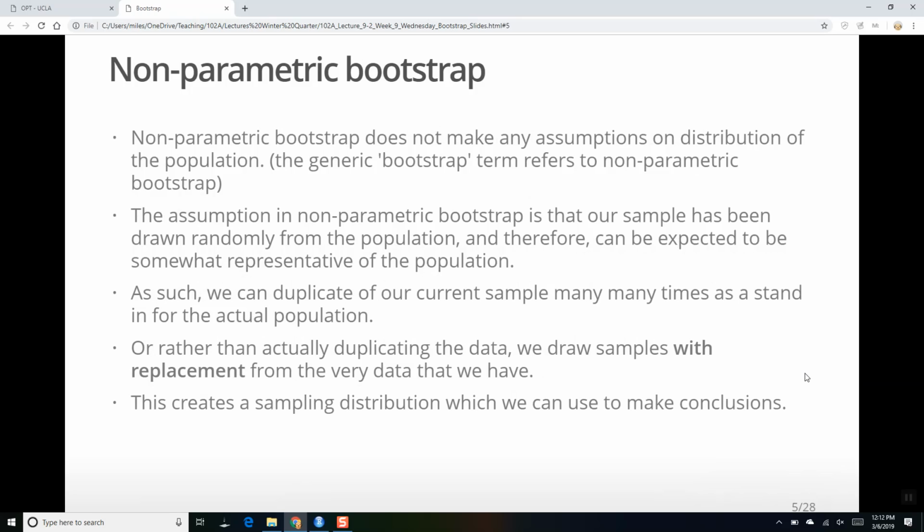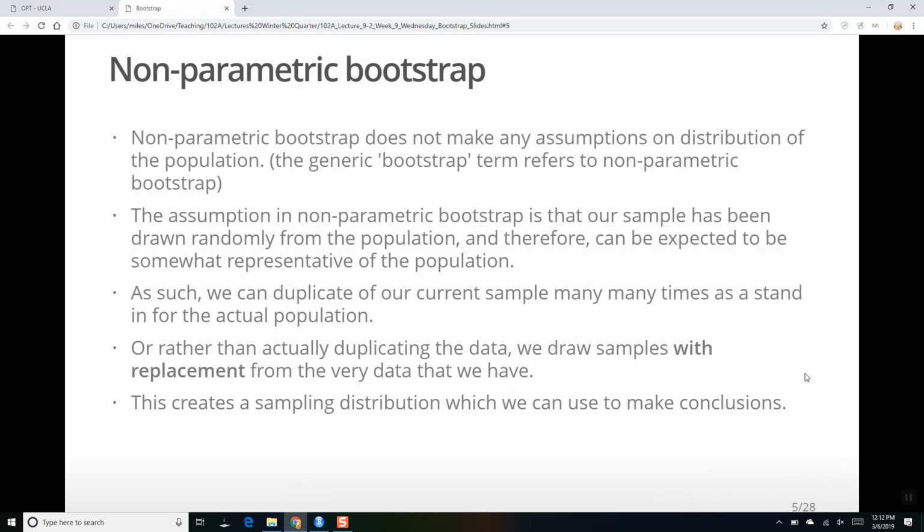Non-parametric bootstrap, and when people talk about bootstrap, they refer to non-parametric bootstrap in general, okay? Non-parametric bootstrap does not make any kind of parametric assumptions about the population. It's just going to say, here is my sample, and let's do the best we can with this.